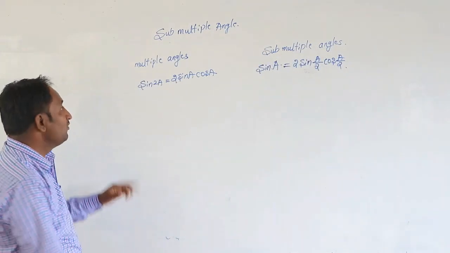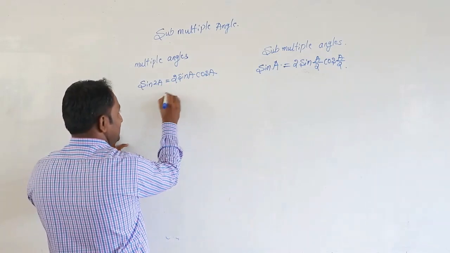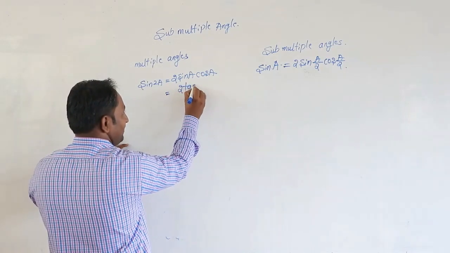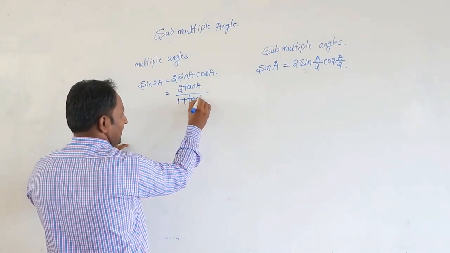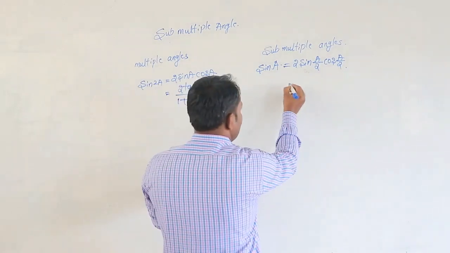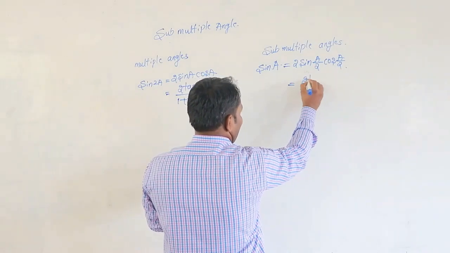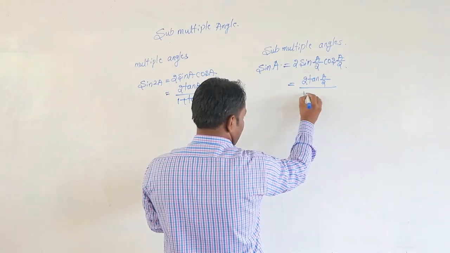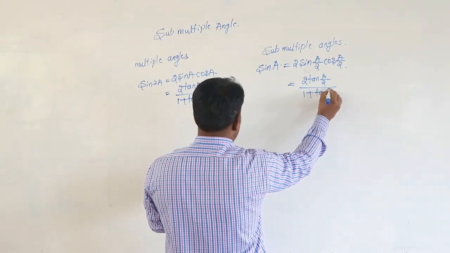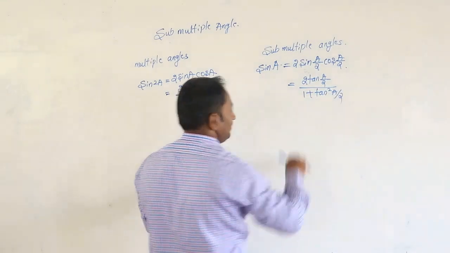Another formula for sin of 2a is 2 tan a divided by 1 plus tan square a. Again this can be expressed as 2 tan a by 2 divided by 1 plus tan square a by 2.